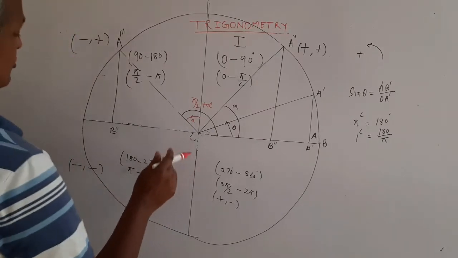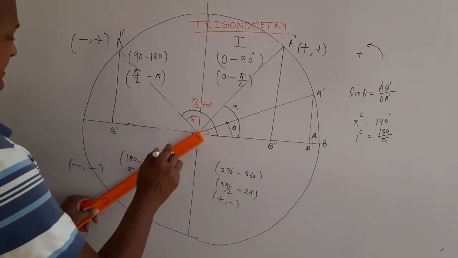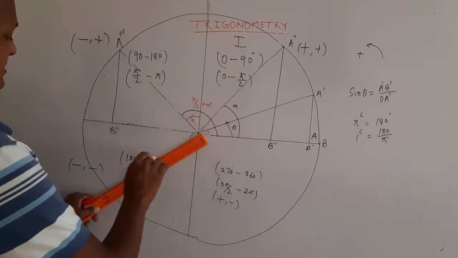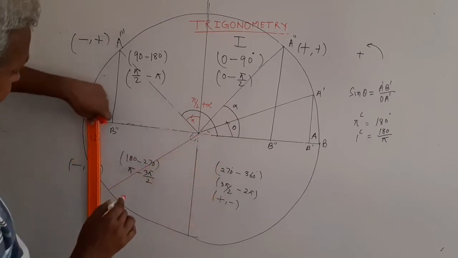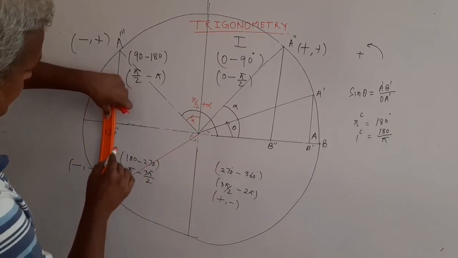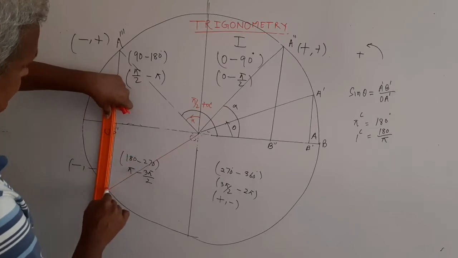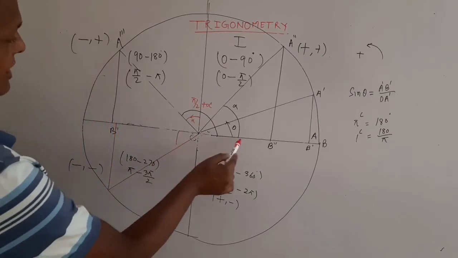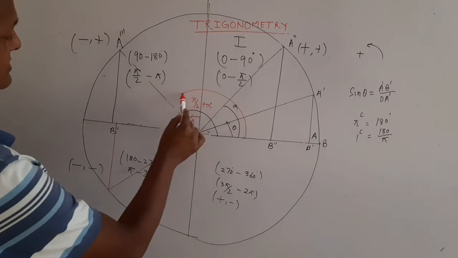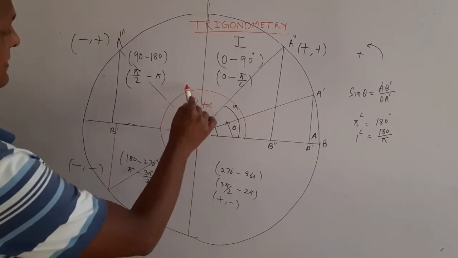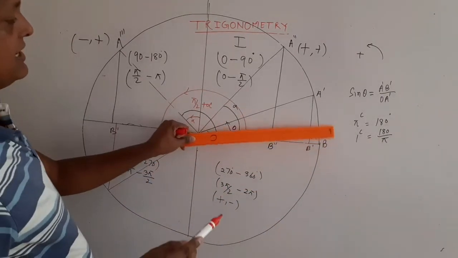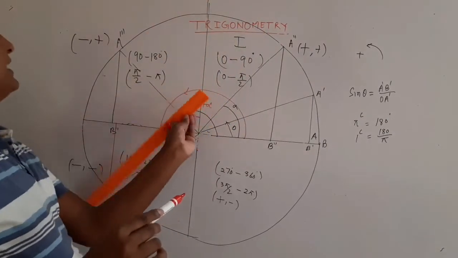Same way, when you come in this section, you will have your perpendicular moving like this, and the angle now becomes, because angle is always measured from the reference line, so this is our reference line and it has moved like this.